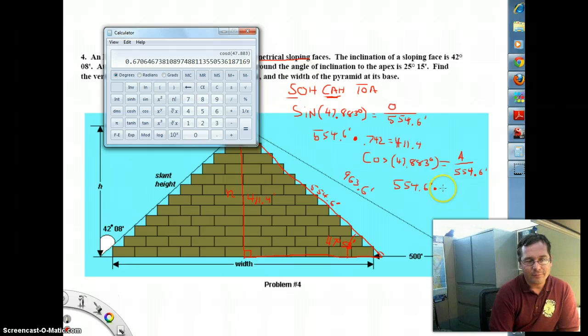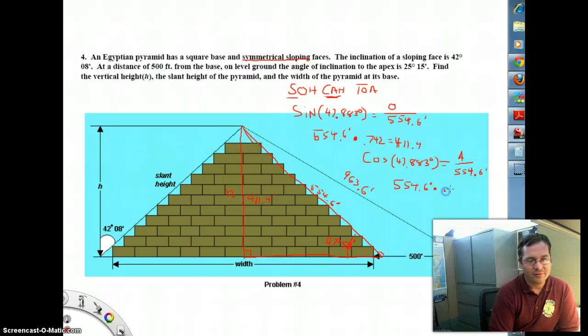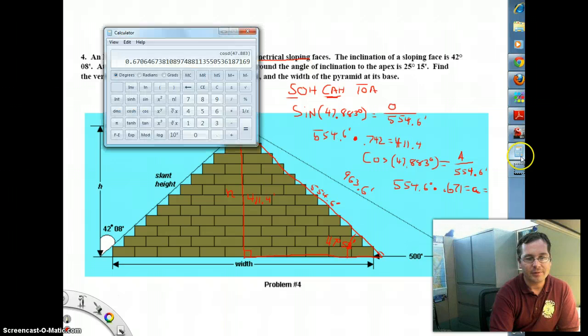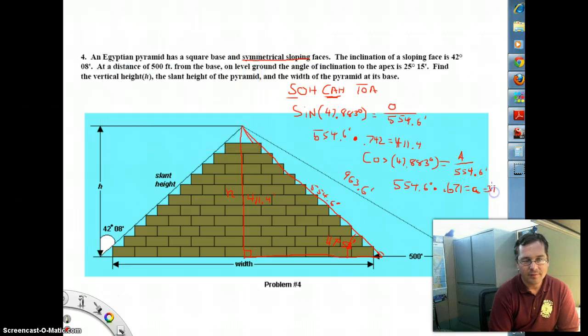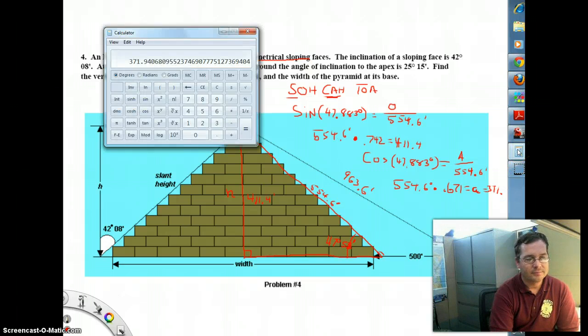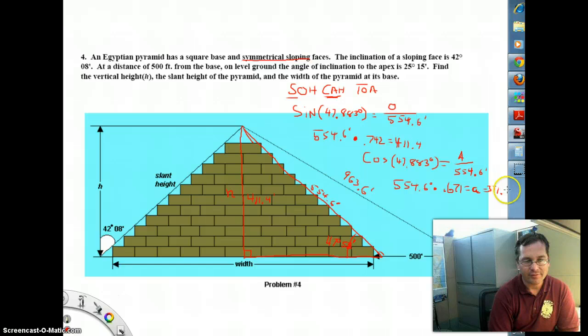So 554.6 times 0.671, and that's going to equal the length of this side adjacent, which is going to equal, let's pull it up on our calculator, multiply this times 554.6, about 371 feet. 371.9. Just shy of 372 feet.